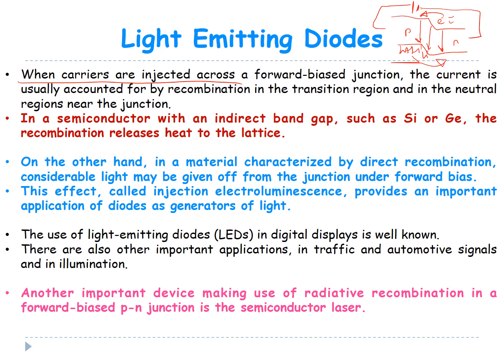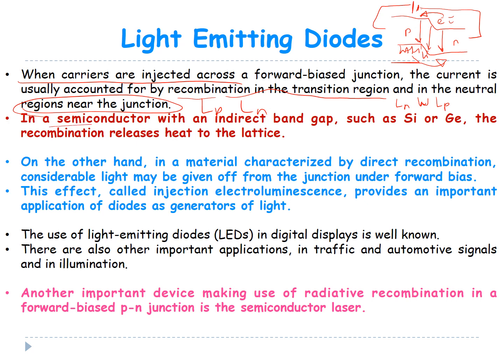They recombine within LN, W, and LP, just like what we've been talking about all along. So recombination occurs in the transition region and in the neutral regions near the junction. So these are LP and LN.